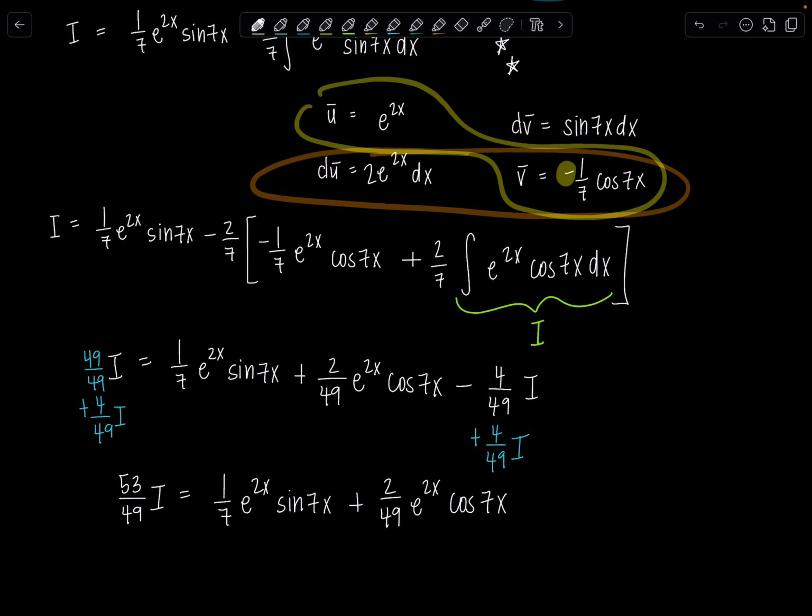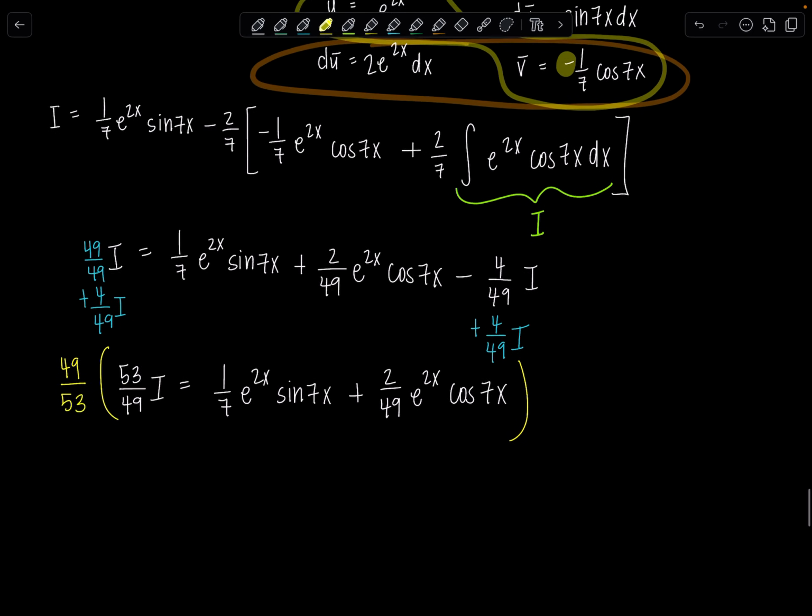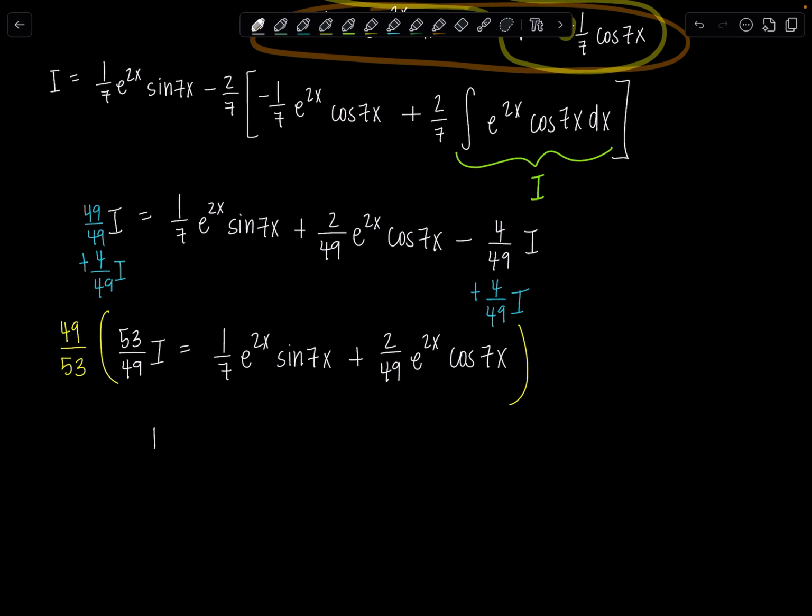We're almost there. Hang tight. To get I by itself, let's multiply both sides by 49 over 53. And now we have I equals, distributing through, this would be 7 over 53 e to the 2x sine 7x plus 2 over 53 e to the 2x cosine 7x.